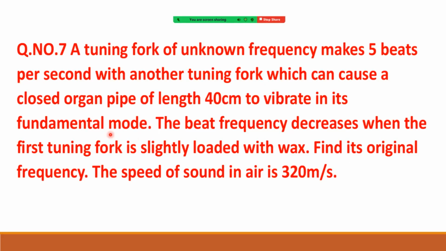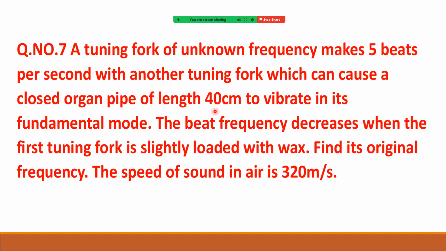Fundamental mode means first harmonic. In the first harmonic in a closed pipe, the frequency is V by 4L. V is 320, and 4L is 4 into 0.4, so 320 divided by 4 into 0.4 is 200. That means one frequency is given as 200 indirectly.